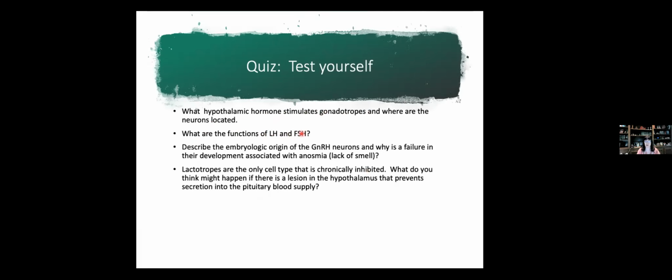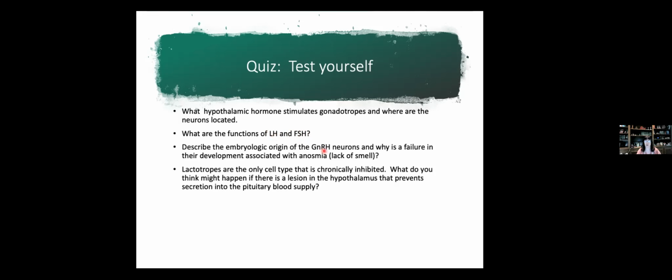FSH stimulates follicles in the ovary, and it helps the production of spermatogenesis. Basically, it helps Sertoli cells support sperm. So basically, they're both very, very important, and they complement one another.